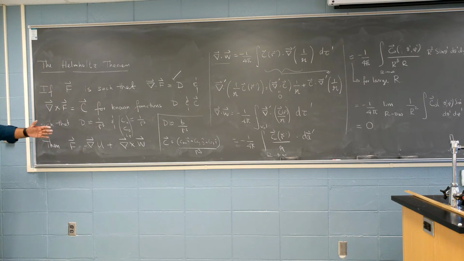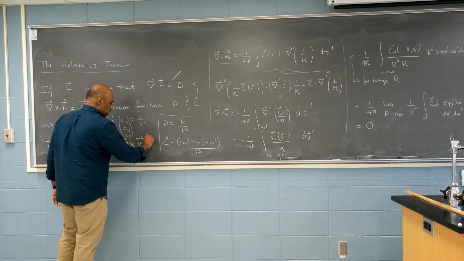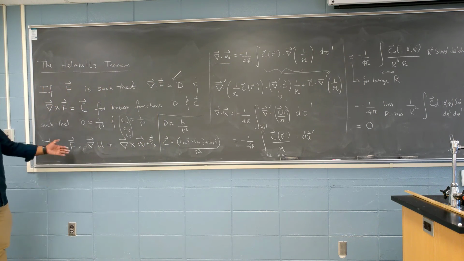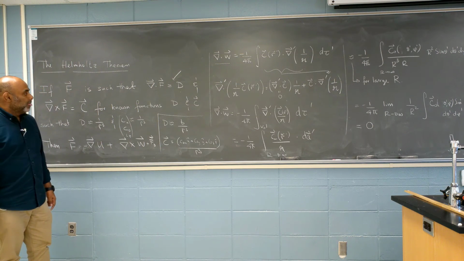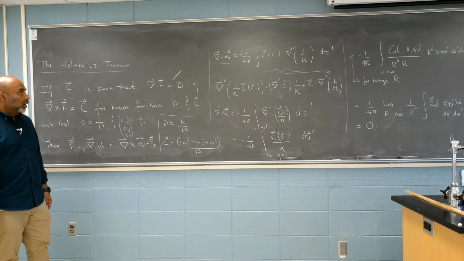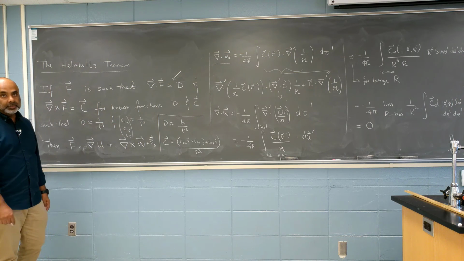I can put another constant vector there. So up to a constant vector, I can put F0. Because if I take divergence and curl of a constant vector, it is 0. So up to a constant vector, it's given by the gradient of a scalar and the curl of a vector field. And we would want the functions to fall off as 1 over R cubed.